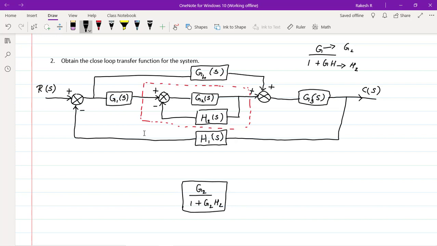It is not required to add the summing point or the takeoff point here, because both have been submerged here, right? So remaining here is G1 of S, G1 of S here, and then we have one more summing point here.